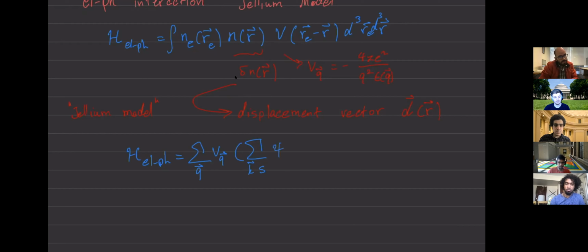And then the density of electrons, I can write in terms of these operators: annihilation and creation operators for the electrons. And I will also need a Fourier transform for the displacement vector, for the charge density, or the density of atoms.